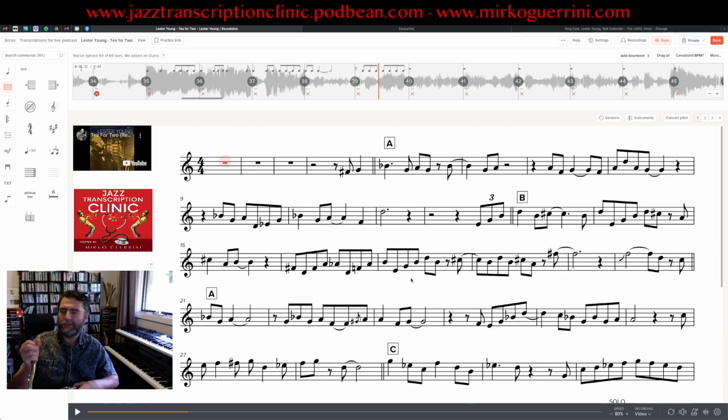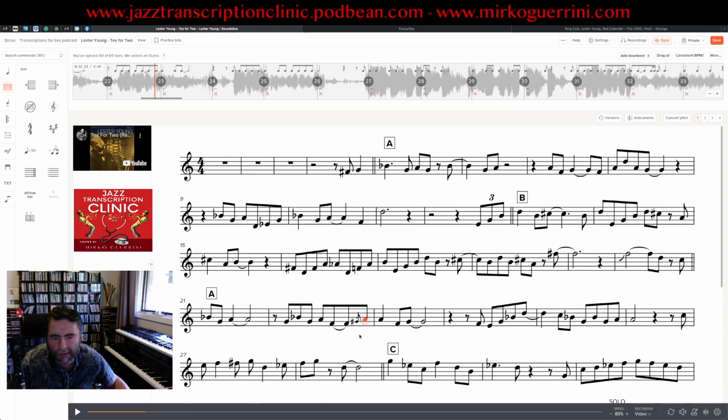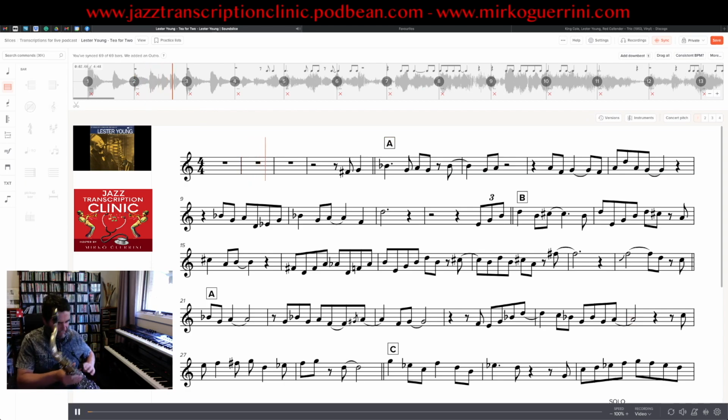I think I'm a bit sharp, so I can fix my tuning. Now, there are a couple of ties missing, which I noticed. This one is missing, and this one is missing. Okay, and of course there's no articulation yet at the moment, and we are also playing at 80%, so we can try maybe a bit faster.